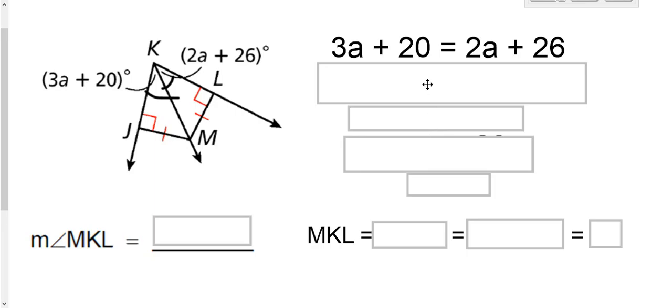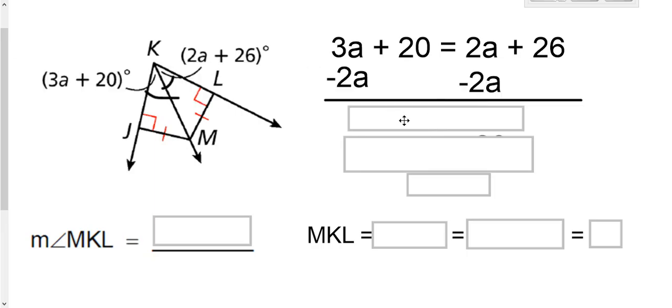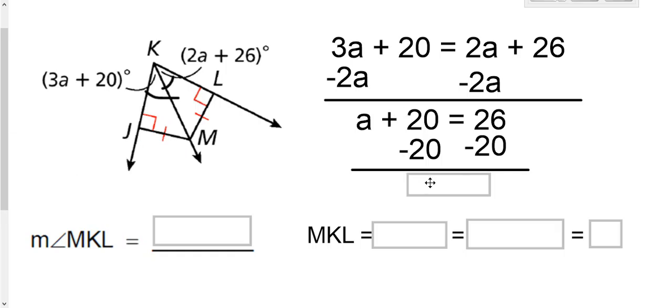So we'll go ahead and solve that real quick. I subtract 2a from both sides. I don't want a's on both sides. So 3a minus 2a leaves me 1a, or a, and plus 20 equals 26. So now I'll get rid of this plus 20 and get a by itself with minus 20 there. So a equals 6.